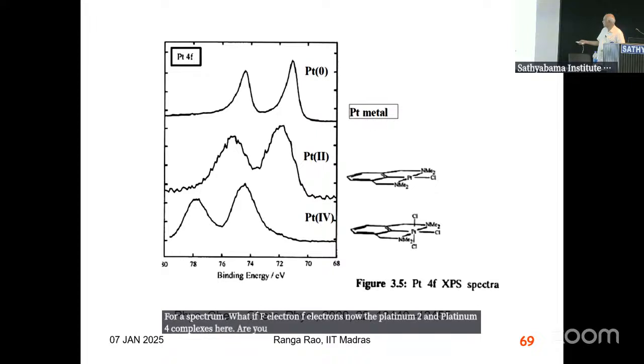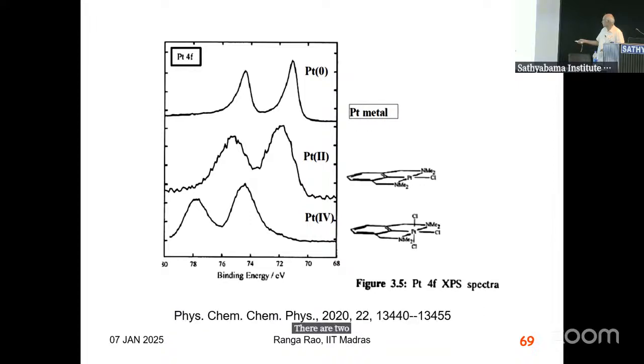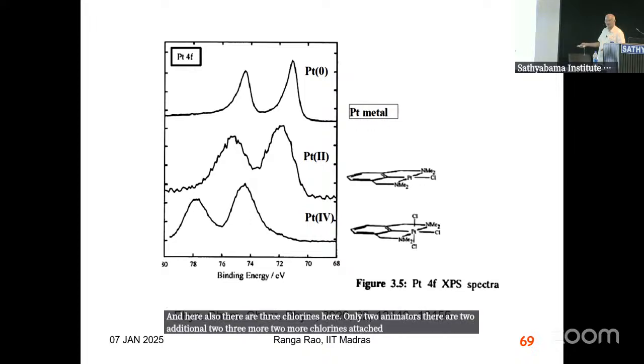This is a platinum. This is an NMe2, the 2 methyl groups attached to nitrogen. That entire thing is attached to the platinum here. There are 2 NMe2 groups attached here, 1 chlorine here. And here also there are 3 chlorines. Only 2 NMe2, and 2 more chlorines attached to this platinum.